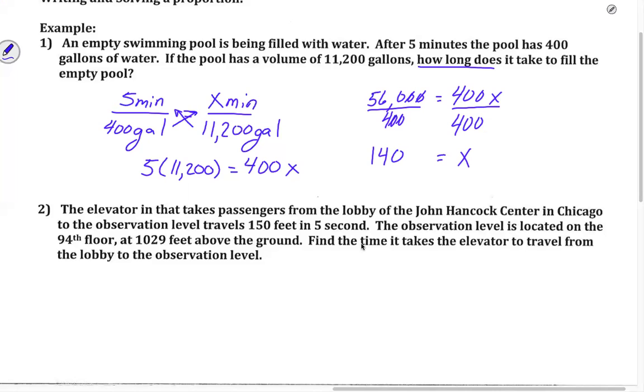All right, 140. Didn't you do it? The answer was right. I didn't trust my calculation. All right, do 5 times 11,200 divided by 400.